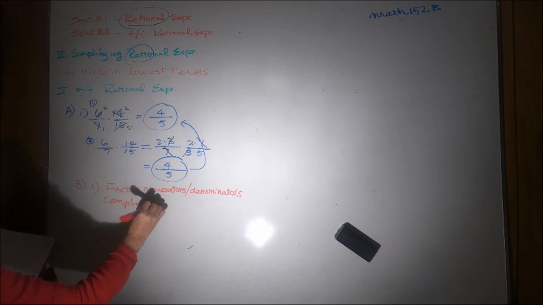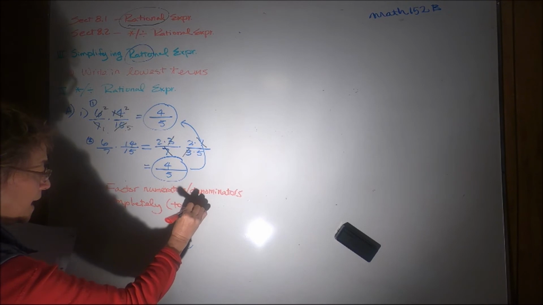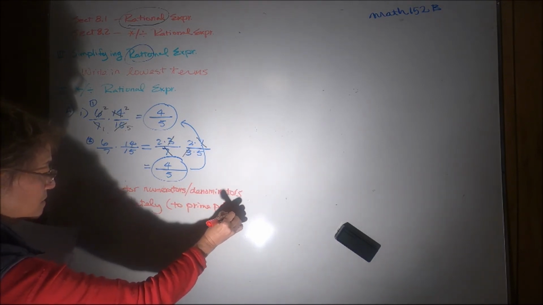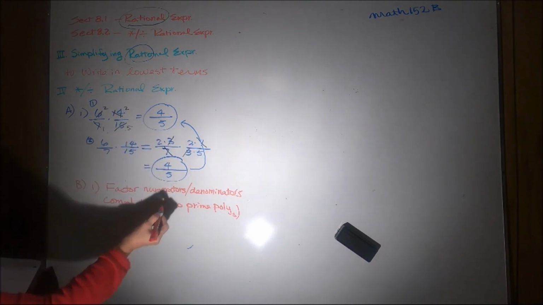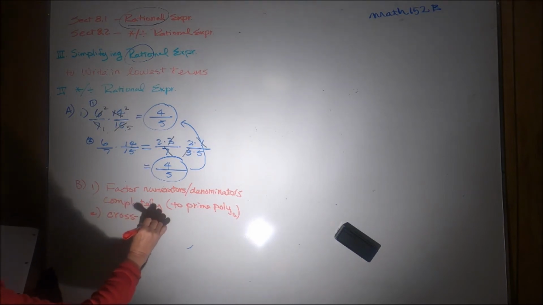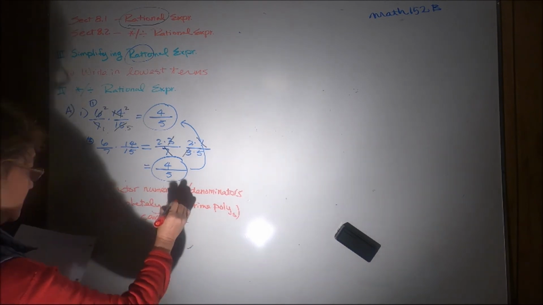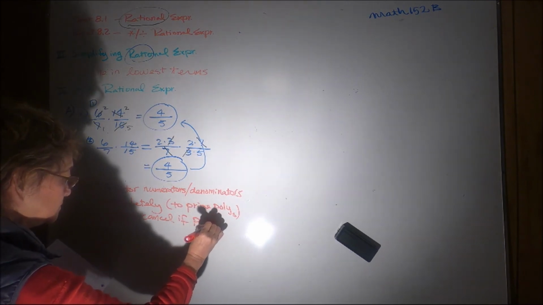So what does completely mean? To all the prime polynomials, right? Then what do we do? We will cross cancel those if you have them in common, right? If possible.